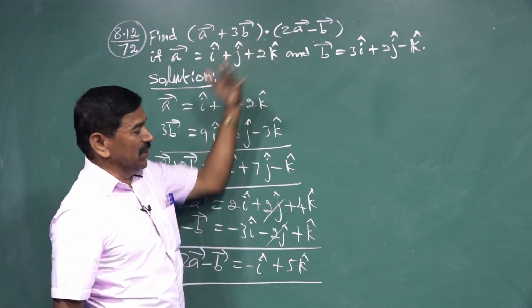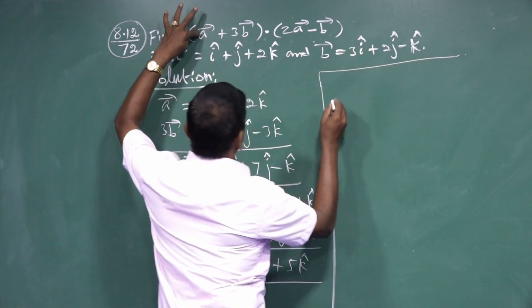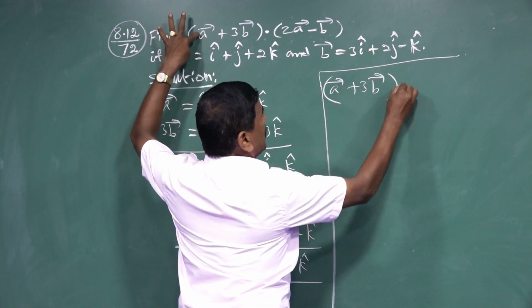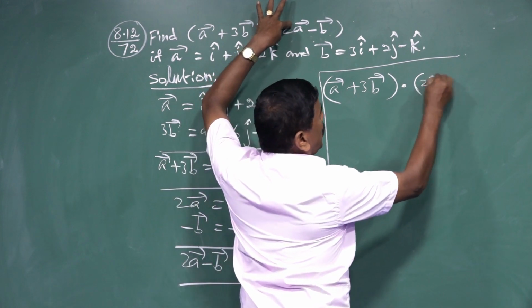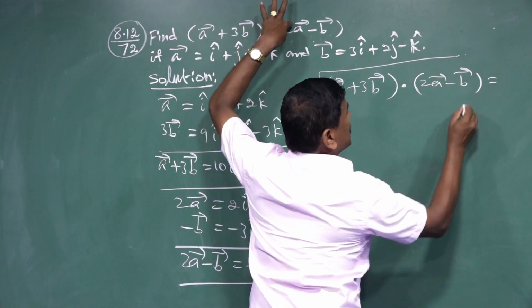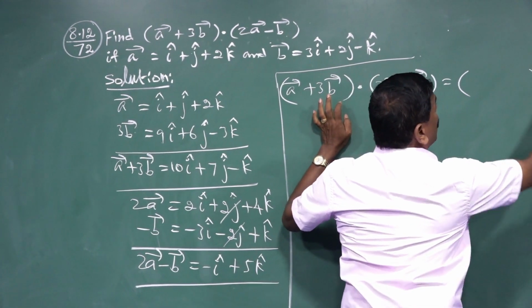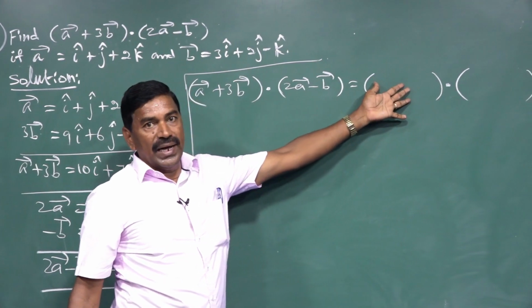Now take the whole question. A vector plus 3B vector dot, what is the second bracket? 2A vector minus B vector, which is equal to the first bracket dot the second bracket. What is the first bracket's answer?